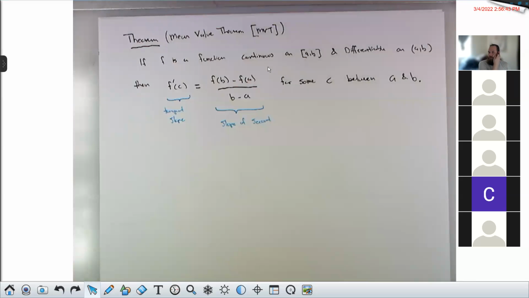So they're saying if you have a smooth function on a closed bounded interval [a, b], then there will be at least one point between a and b where the tangent line is parallel to the secant line. I'm sweating like a pig, so I'm going to turn on the AC real quick.